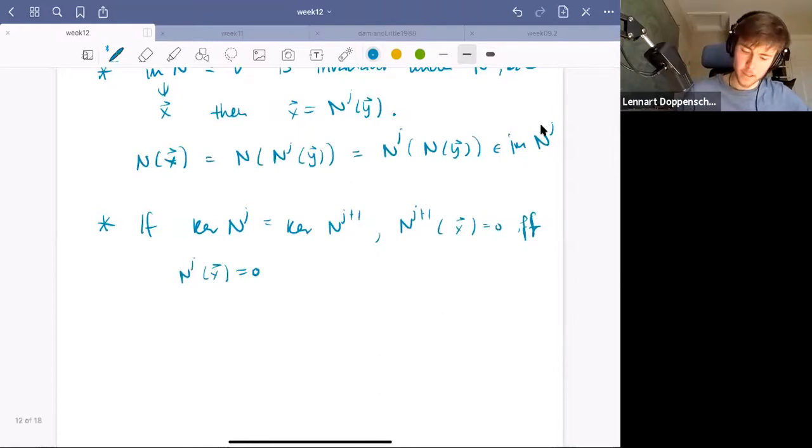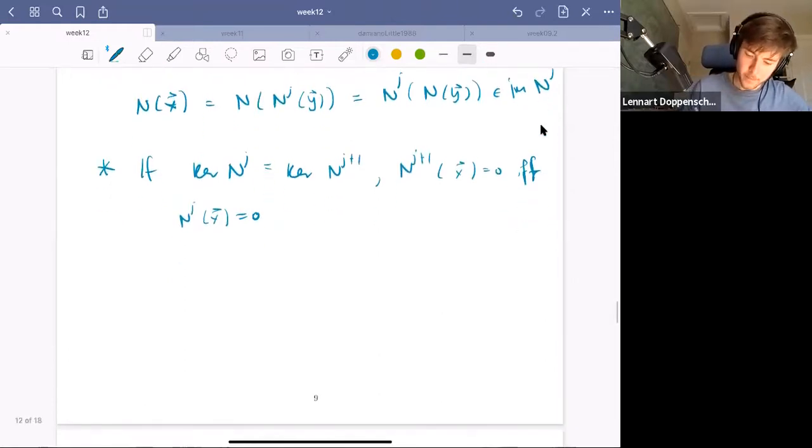So now I want to compute the kernel of n restricted to the image of n to the j.